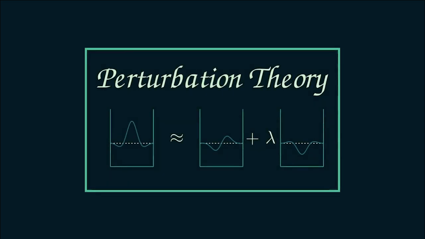First of all, if you haven't watched our previous video on non-degenerate perturbation theory, I would highly recommend you to do so. I think it will make the content of this video a lot clearer. With that said, I will be doing a quick recap of that video over here. For those of you who want to skip the recap and get straight to the point, I'll leave a timestamp in the description.